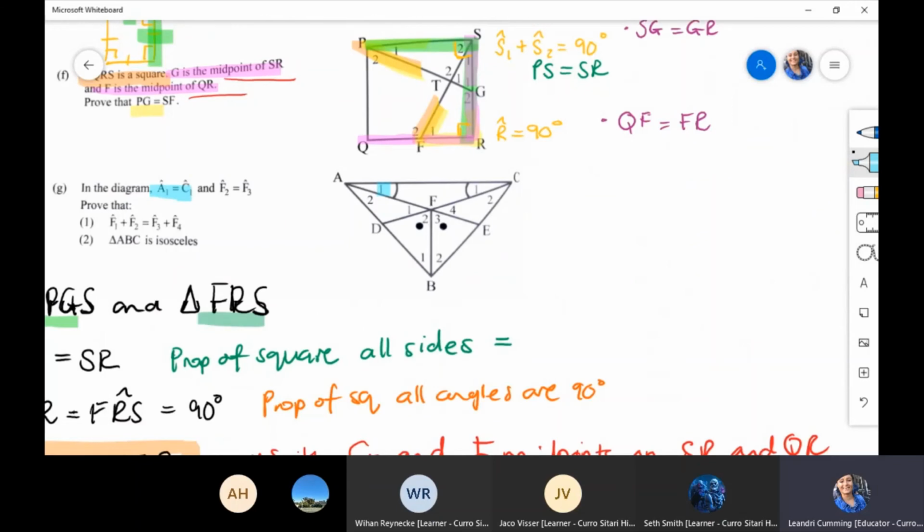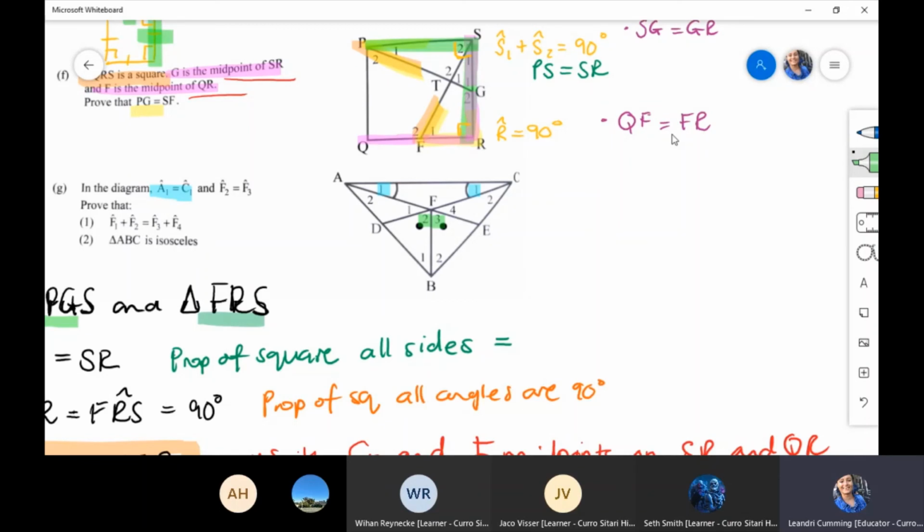So A1 is equal to C1. It's an angle. And angle F2 is equal to F3. Okay, indicated by dots. And the measure being the same gives us that if you were to measure the angle of A1 and measure the angle of C1, you would get the same degrees, the same measure, the same size.